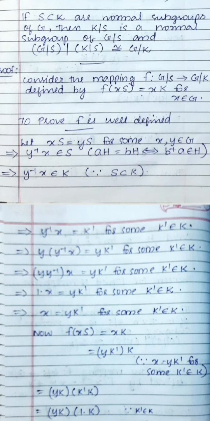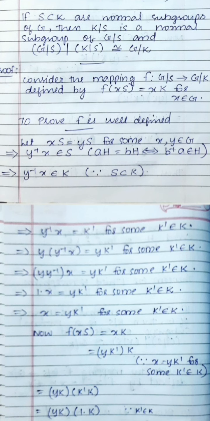I'm taking xS equal to yS for some x, y belongs to G. According to the property of cosets, if the coset aH is equal to bH, then b inverse a belongs to H. Similarly, if xS is equal to yS, then y inverse x belongs to S.